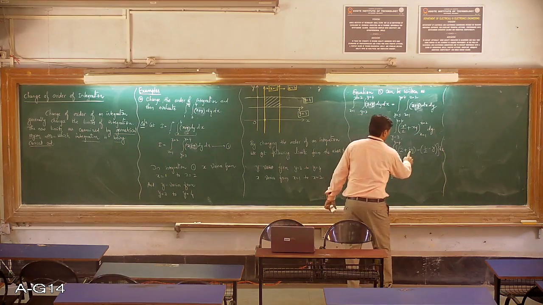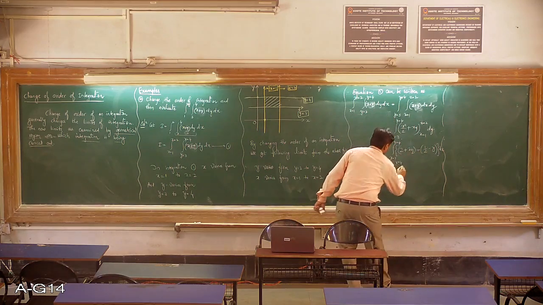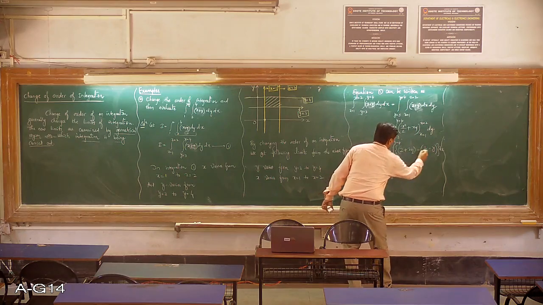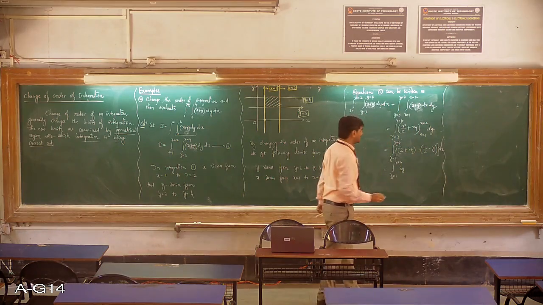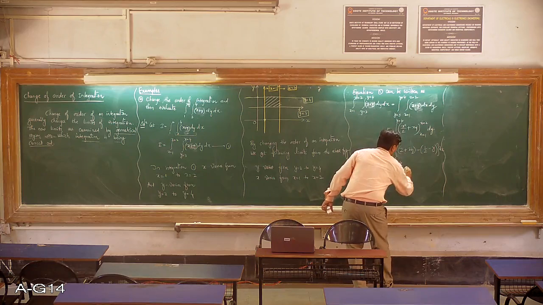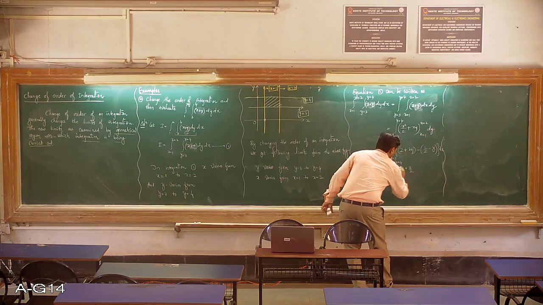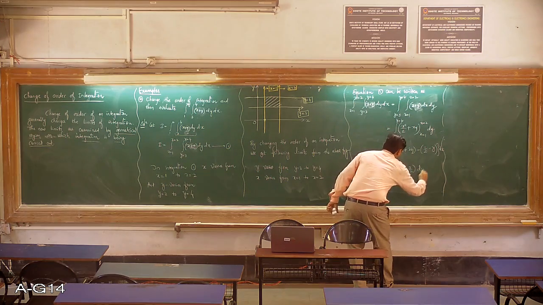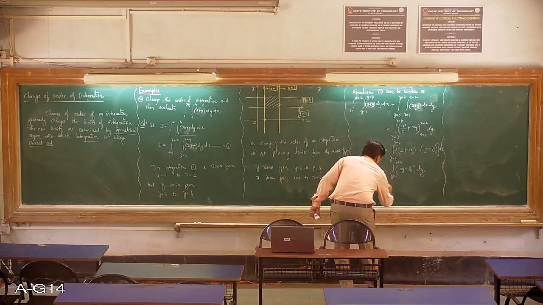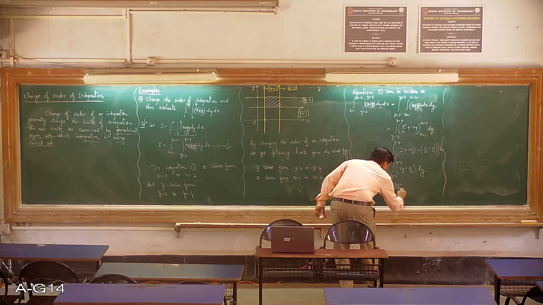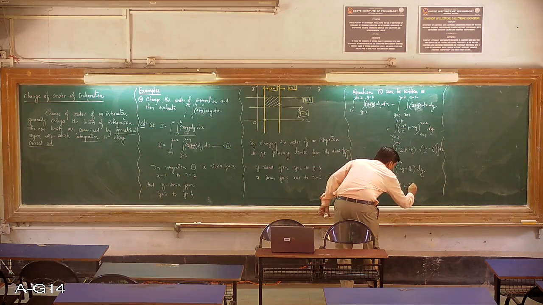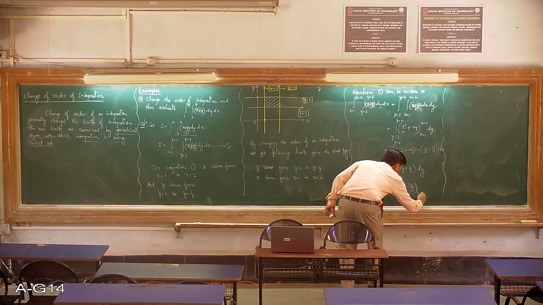So now this is 2y plus y, that is 3y, and 2 minus 1 by 2 is 3 by 2, plus 3 by 2, into dy. Now integrated, 3y integration is 3y square by 2 plus 3y by 2. Now it is from y equals 3 to y equals 4.